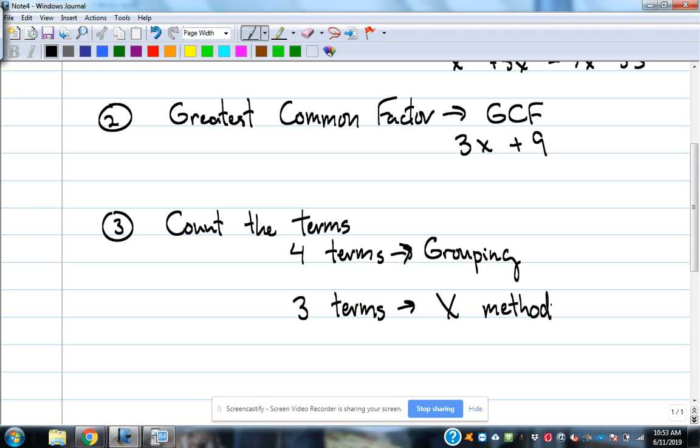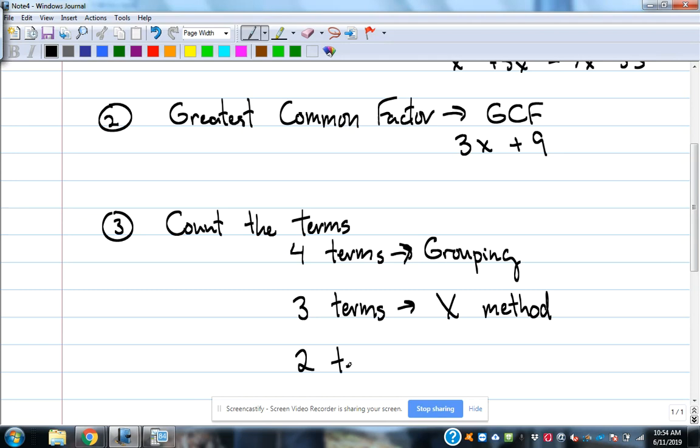I learned factoring by guess and check when I was in high school. I didn't learn this X method until I started teaching, actually. Guess and check works. The X method is a more organized way of doing it, so it's not so much stabbing in the dark at numbers. You really get an idea of where you should go. I'll teach you the X method in just a little bit.